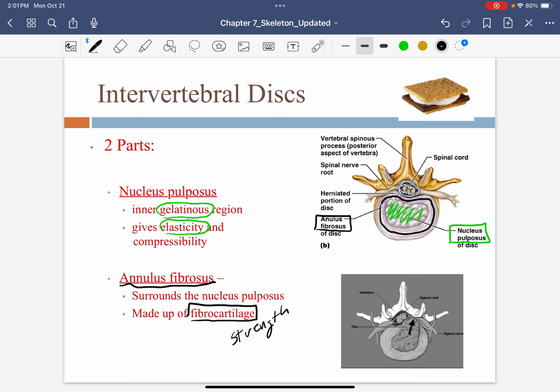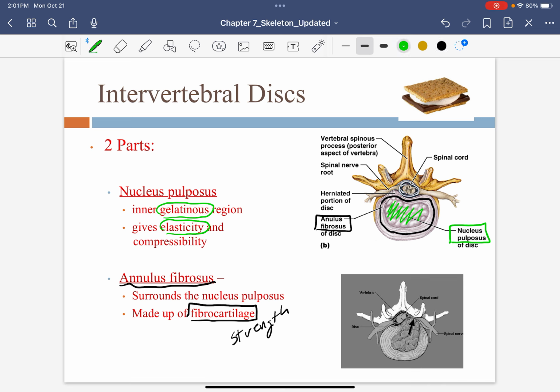Now you can see here at the top, I've got a picture of a s'more. I do that because I think it can be a useful way to think about the intervertebral disc. In our s'more analogy, the graham crackers are the vertebrae, and the marshmallow is the intervertebral disc. What I want to talk about next is if there was going to be a herniated disc or a bulging disc, and by the way, they kind of mean the same thing. If there is going to be a herniated disc, which direction does it go?